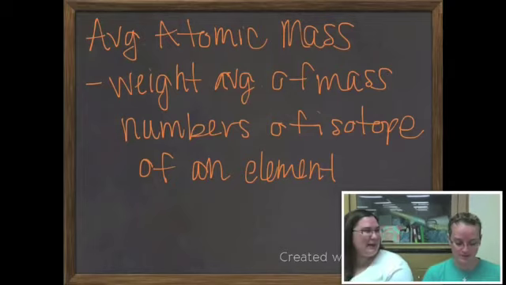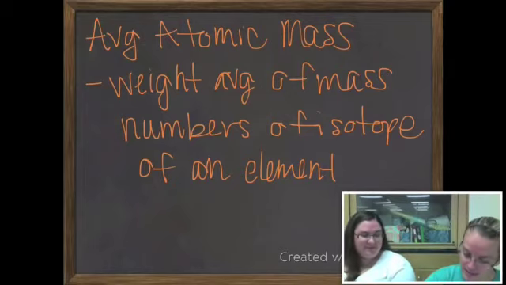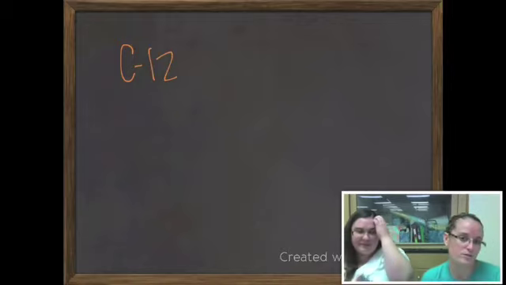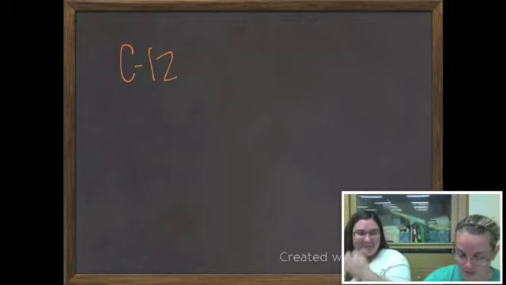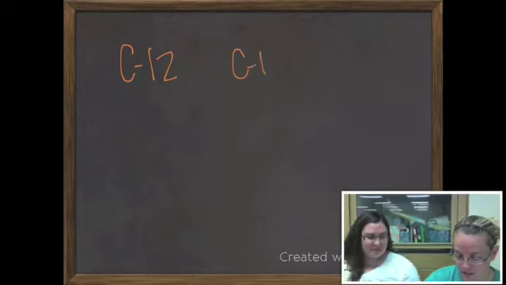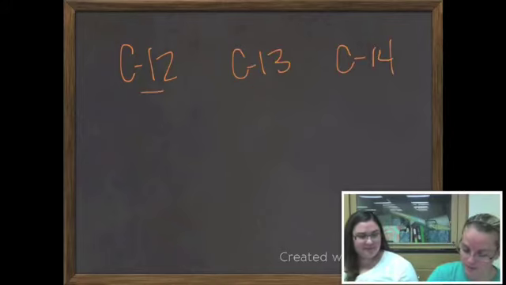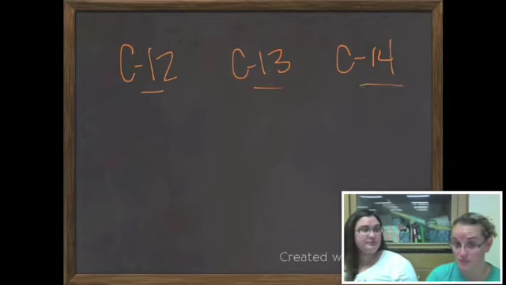So one of the things that you want to remember, so we have an average, and we've got carbon is probably one of the most common isotopes that you'll hear or talk about in general. So I've got a carbon 12, a carbon 13, and a carbon 14. Remember that those numbers that I wrote behind each of them are their mass numbers.